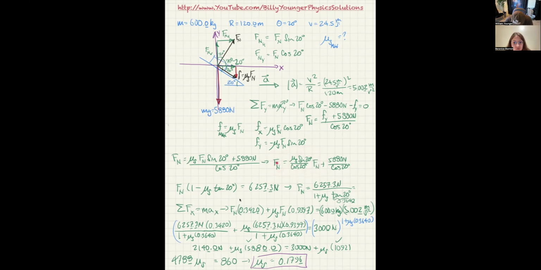So that gave me Fn times one that was there, and then when it comes over to the other side, it becomes minus mu s tangent 20. And then this was 6257.3. So that's where that came from. But exactly what happened here was that I've transformed that into a plus instead of a minus. And that would not be good.